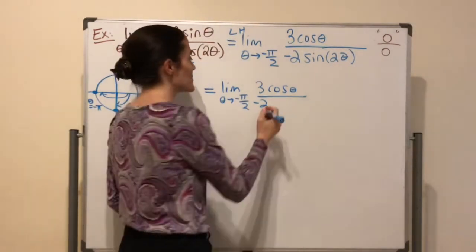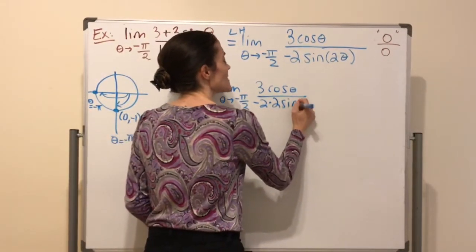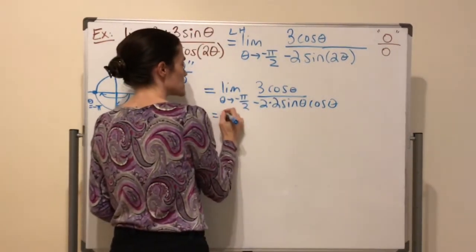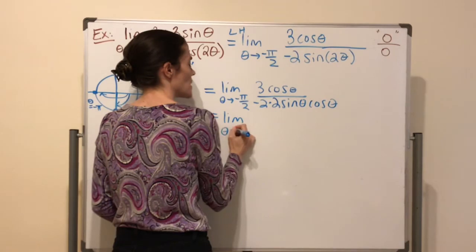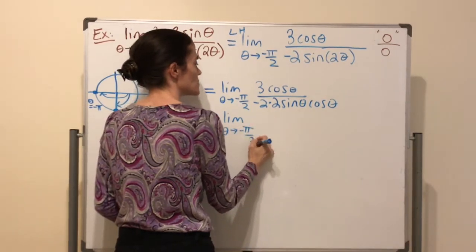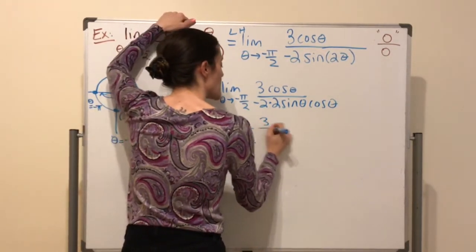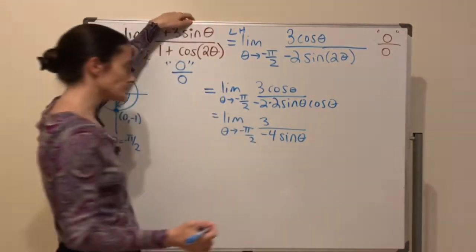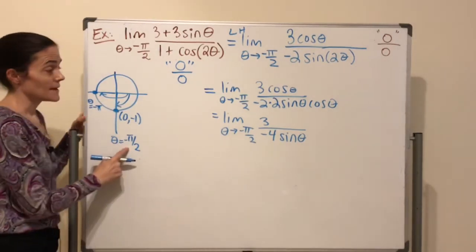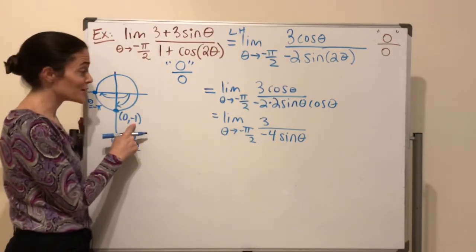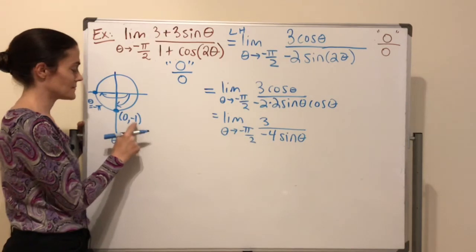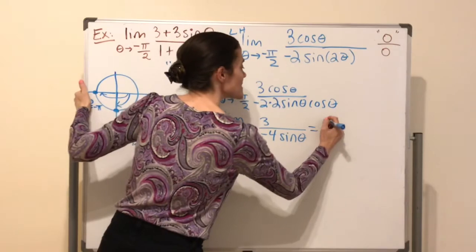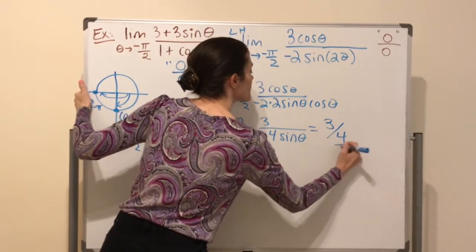You might remember, this is 2 sine theta cosine theta. And then the cosines can cancel. We get a limit as theta approaches negative pi over 2 of 3 over negative 4 sine theta. And the sine of minus pi over 2 is minus 1. So when we evaluate this limit, we get positive 3 over 4, okay?